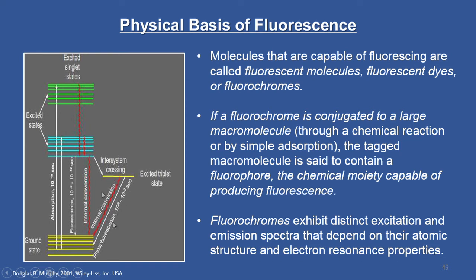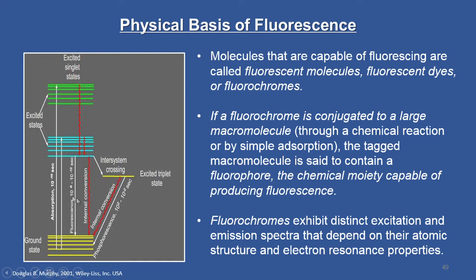So if you look at the schematic, these are all the energy states. Once the photons are absorbed, the electrons move to an excited state, and you have some characteristic excited singlet states and excited triplet state and so on.